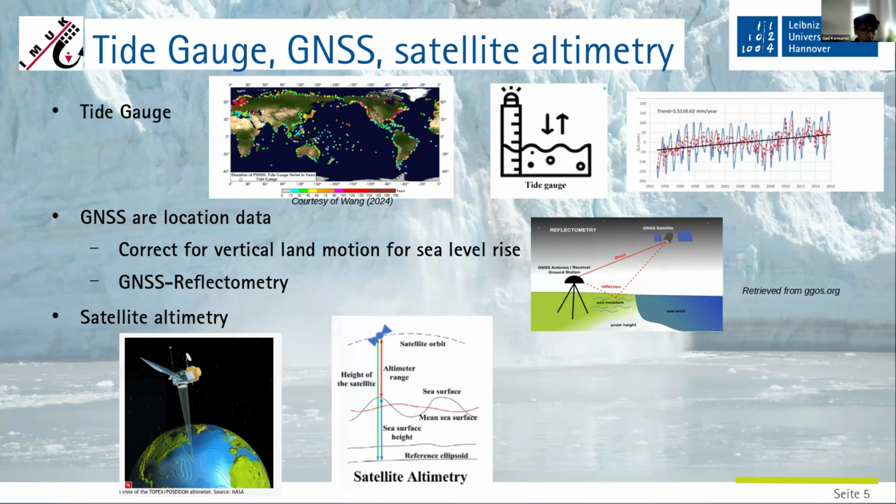But take care, it is an absolute measurement in that case, so it refers to the reference ellipsoid. So tide gauge is relative, and satellite altimetry gives absolute measurements. And when you want to compare both observations, you will have to make some kind of conversion.